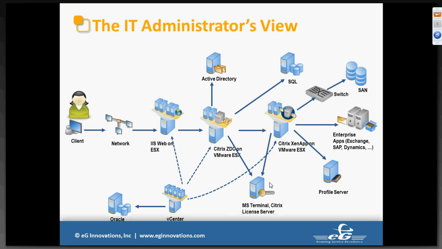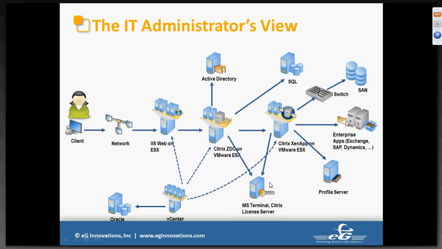Walking this diagram left to right, you see that to access the service, the user has to go through a network, through the web front end, which then talks to Active Directory for user authentication. The user is assigned to one of these XenApp servers, accesses applications on the Citrix server, and from there, the user can do his job accessing enterprise applications like SAP and Microsoft Dynamics.